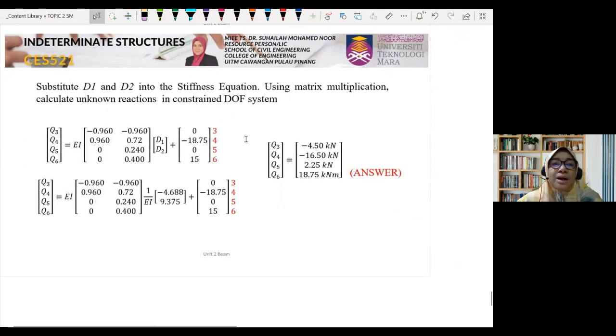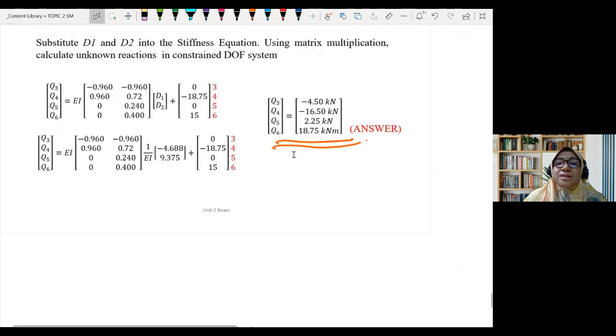This is just mathematical calculation. I hope you know how to analyze this. Finally, we will get Q3, Q4, Q5, Q6 using multiplication, and we get the reaction at the support as this.